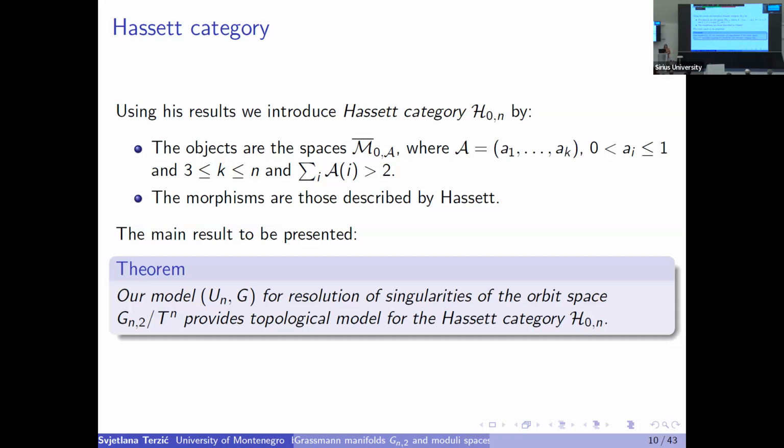So the objects in our category, which we call the Hassett category, are the spaces M̄_{0,A} of stable A-weighted curves of genus 0, where the weights satisfy the conditions given by Hassett when we put g equal to 0. And the morphisms are those described by Hassett, so forgetting and reduction morphisms. And the main result I'm going to describe here is that our model for the resolution of singularities of the orbit space provides a topological model for the Hassett category.